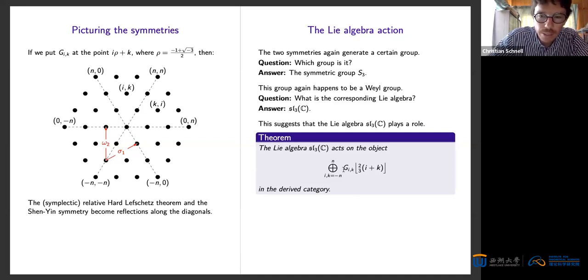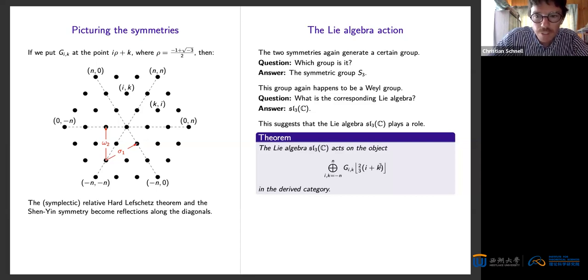The statement looks a little messy because these are objects in the derived category, and omega and sigma act as a kind of shift. Except for the shift, it's saying that the direct sum of all the GIKs is naturally a representation of the Lie algebra SL3.